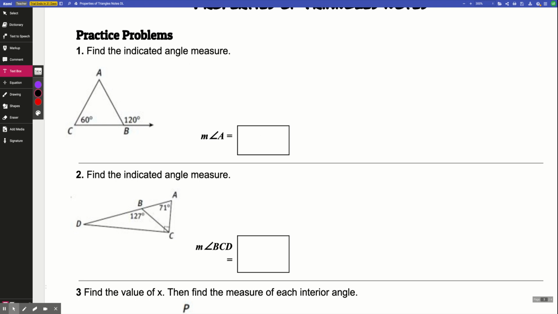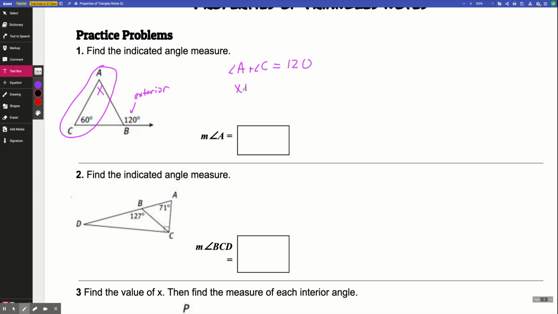Okay, so this says I'm trying to find the indicated angle measure, which in this is angle A. So I'm going to put an X there just so that I know that's what I'm looking for. What I'm hoping that you notice is that I have an exterior angle here, and then I have the two remote interior angles right there, A and C. So I know from the exterior angle theorem that angle A plus angle C has to equal 120.